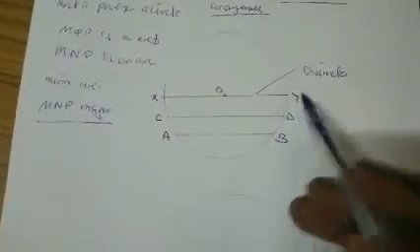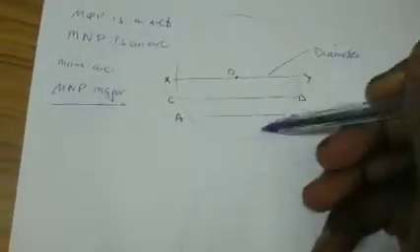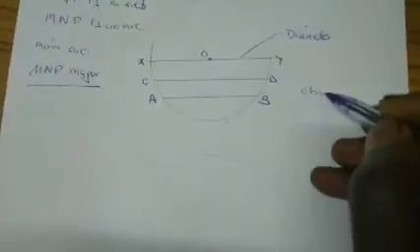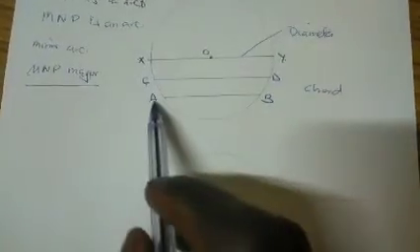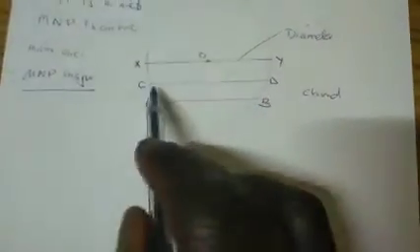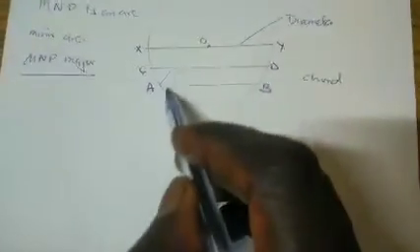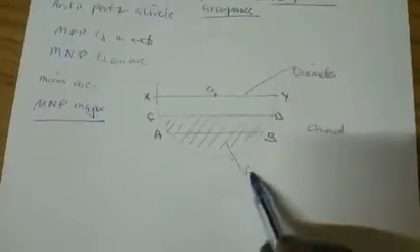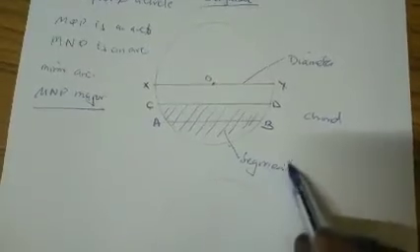And then we have the line CD, which divides the circle in two parts. So there is the lower part and the upper part. And the line CD is called a chord. Also, the line AB is also called a chord. So if we consider the chord CD, then we have the lower shaded part, which is called a segment.